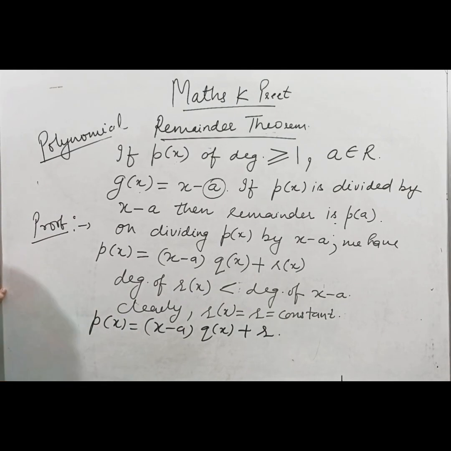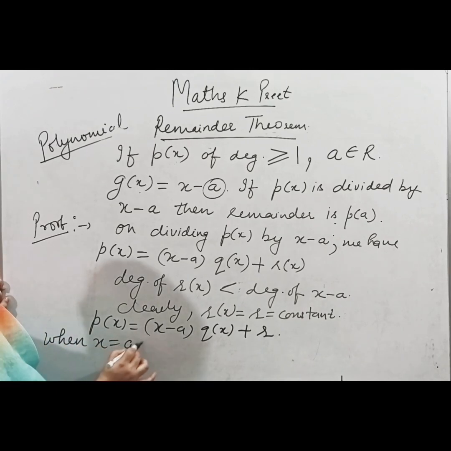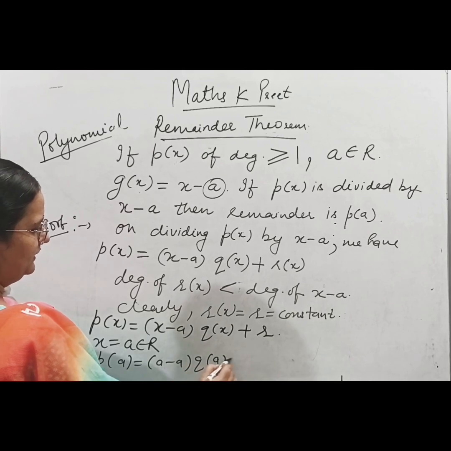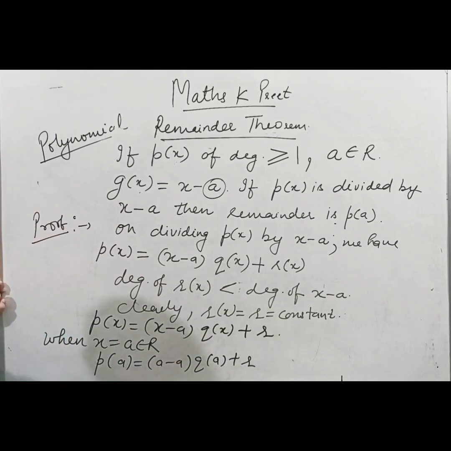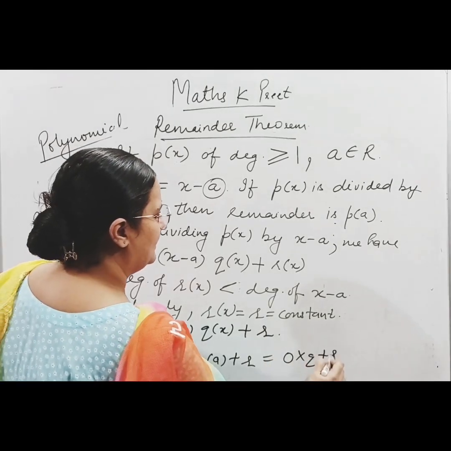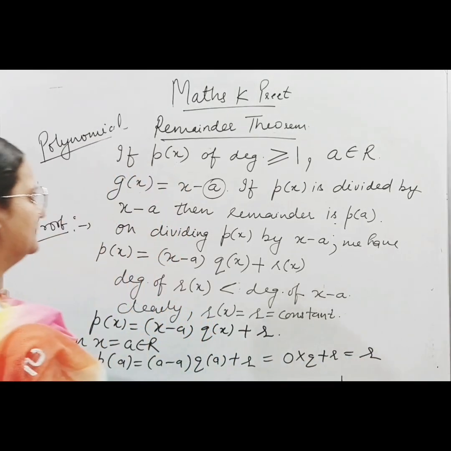This x can have any value from the real numbers. We will take a particular case when x is equal to a, from the real numbers. So we will take x equal to a in the above equation: (a minus a) q(a) plus r. So a minus a will give us 0 into q plus r. So we are left with r.